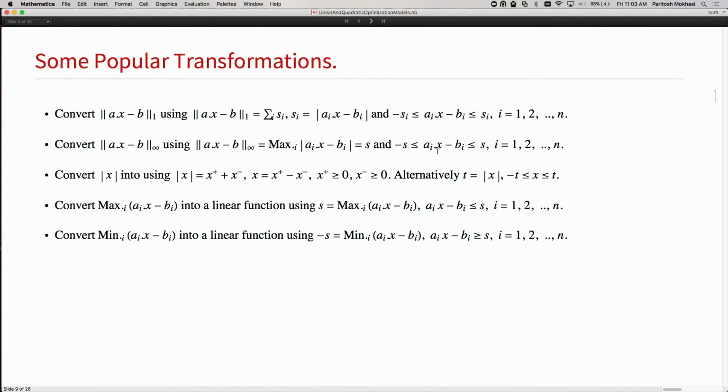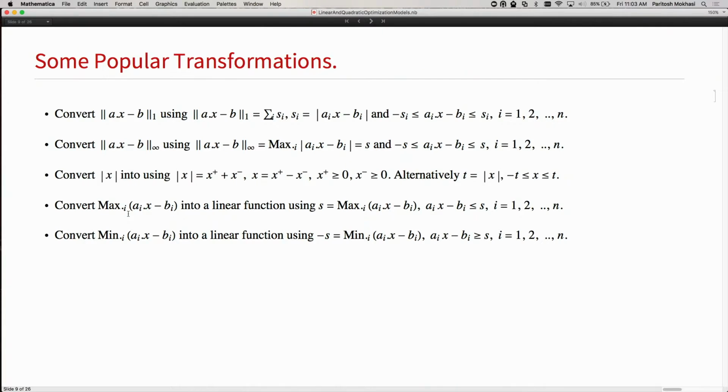If you want to do some kind of norm 1 optimization, you can convert that, using some transformations, into a linear optimization model. Same thing with an infinity norm: if you want to do some infinity norm minimization, it gets transformed into a set of linear constraints. Rob showed an example of absolute x.